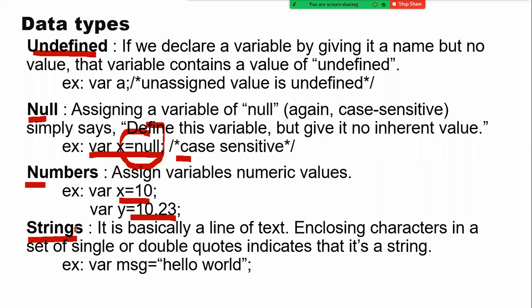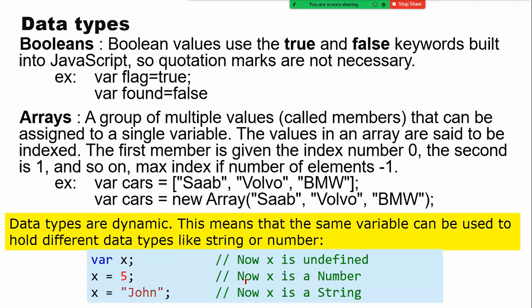When you say characters, it may be alphabets, numbers, maybe some special symbols. All those things put together are called a string. These set of characters have to be enclosed in double quotes, or single quotes can also be used to indicate that it is a string for you.